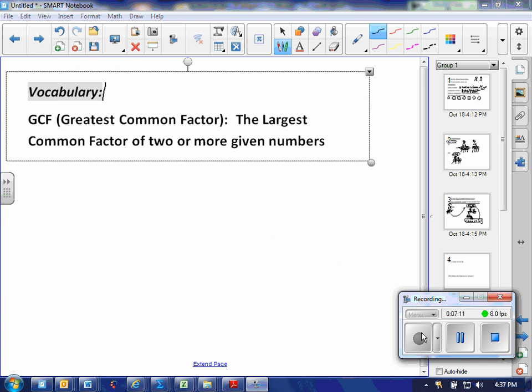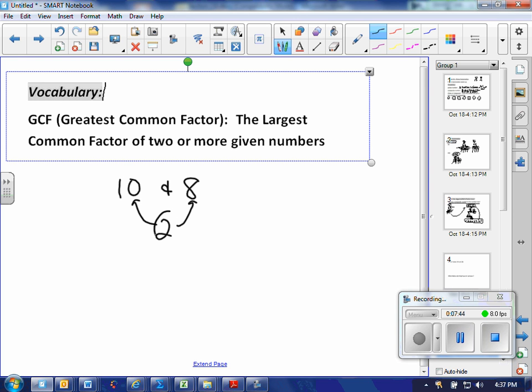Like I mentioned earlier, the reason we do prime factorization is because it really helps us when we're trying to determine what the greatest common factor is. The greatest common factor of numbers is the largest common factor of 2 or more given numbers. I'll give you an example. If I have 10 and 8, the largest factor that can go in these would be 2. 2 goes into 10 5 times, 2 goes into 8 4 times.